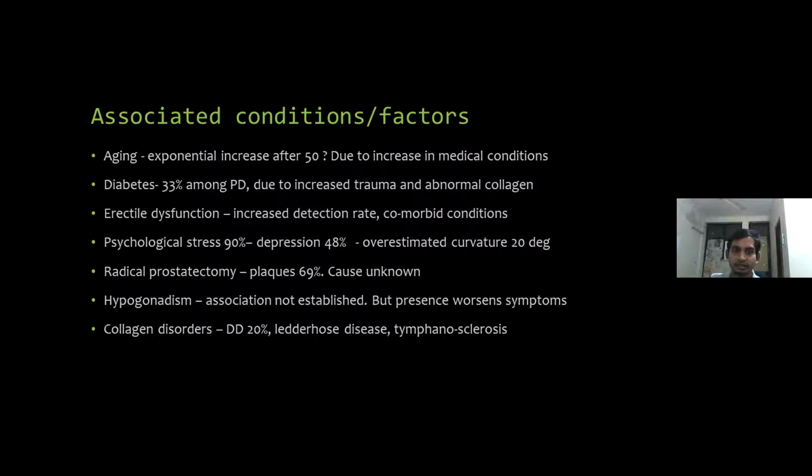Patients with Peyronie's disease who have hypogonadism can have worse symptoms. Another thing is patients with collagen disorders, like Dupuytren's contractures and Ledderhose disease, that is fibrosis of the plantar fascia. They are associated with this condition.